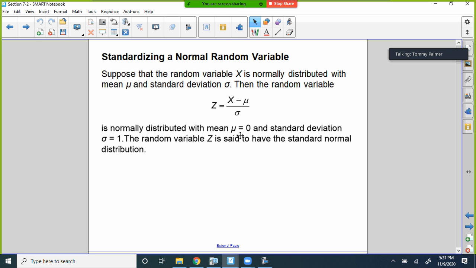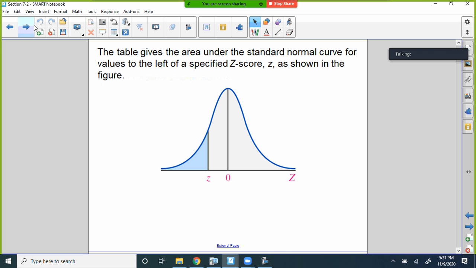Any questions about that? All right, so let's look at this. The table gives the area under the standard normal curve for values to the left of a specified z-score, as shown in the figure.